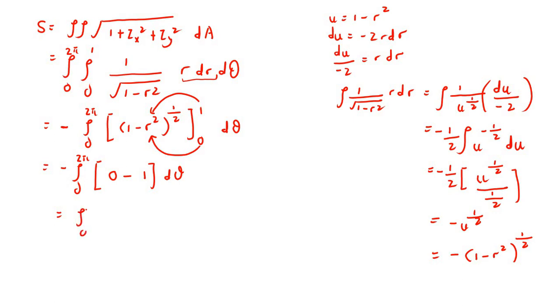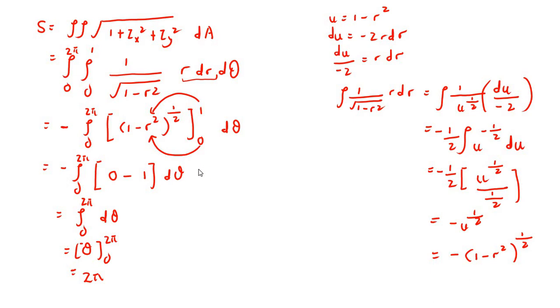So you get the integral from 0 to 2 pi of d theta. Exactly, you get theta from 0 to 2 pi. The answer is 2 pi. So we get the surface area of the hemisphere with radius 1 unit, exactly 2 pi.